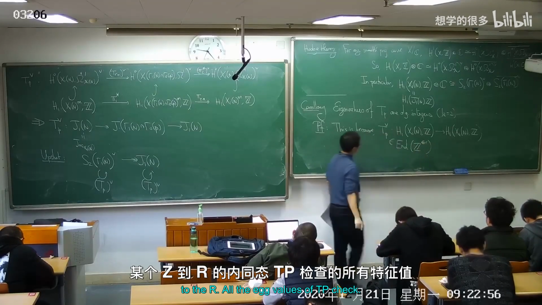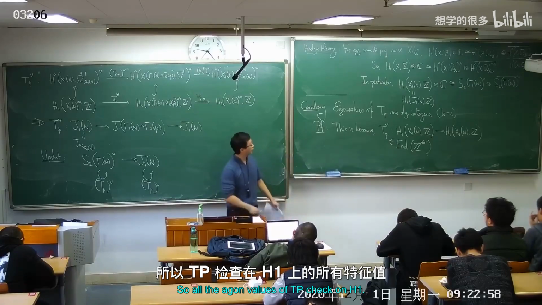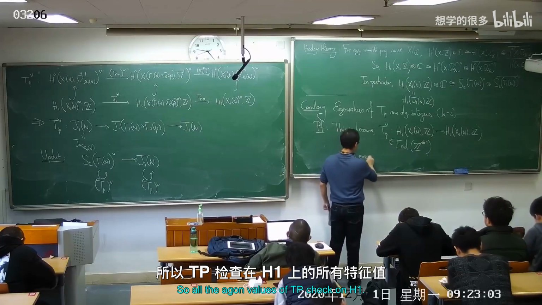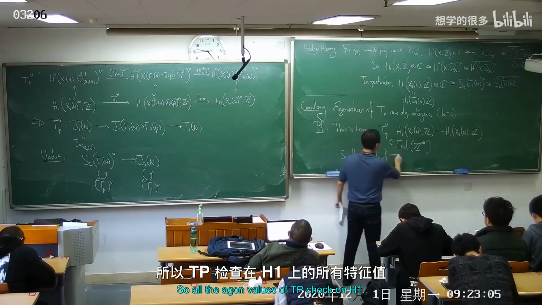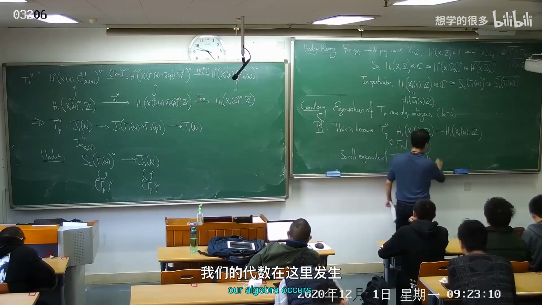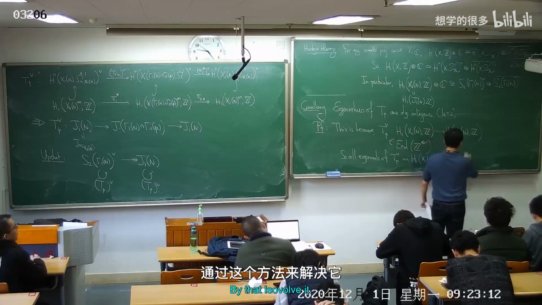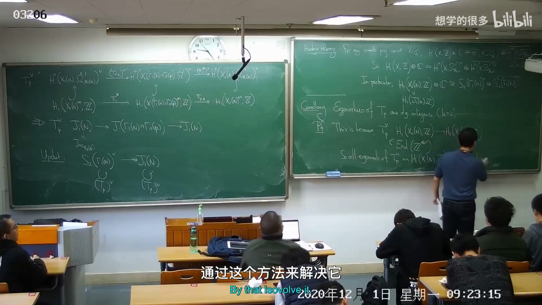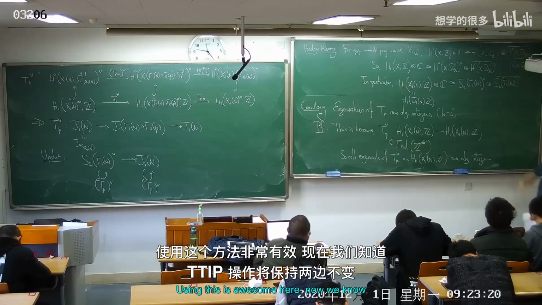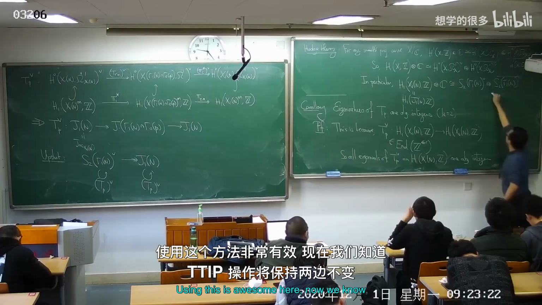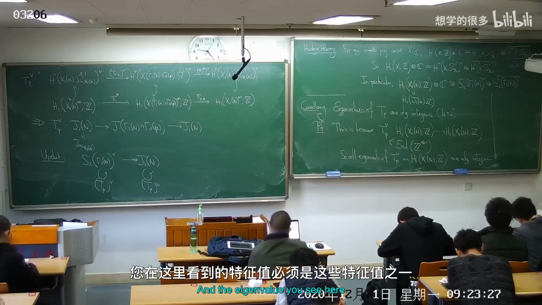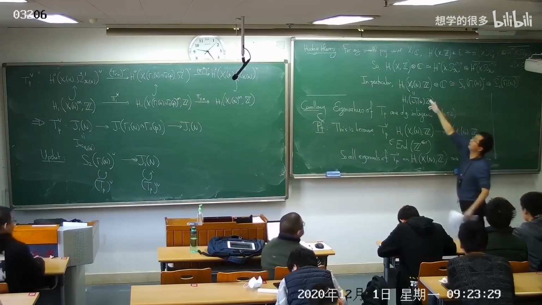So all eigenvalues of T_p check on H1 are algebraic integers. Using this isomorphism here, the T_p action will preserve both sides, and the eigenvalue you see here must be one of the eigenvalues you see here.